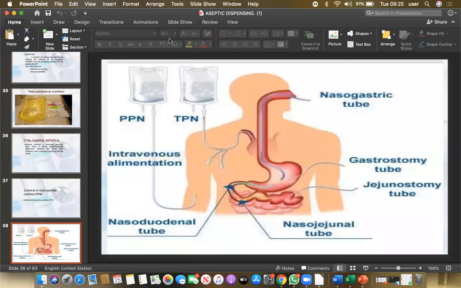Now, you see various routes through which this parenteral preparation can be given.